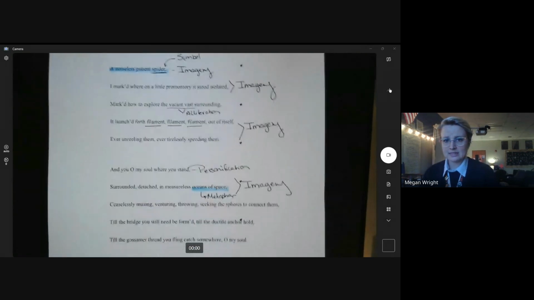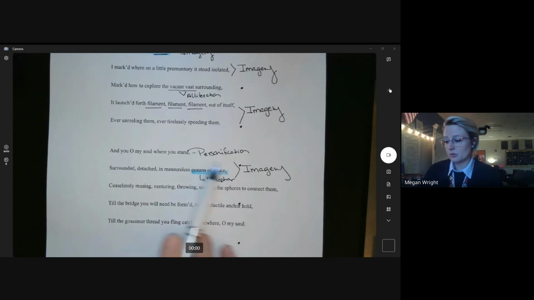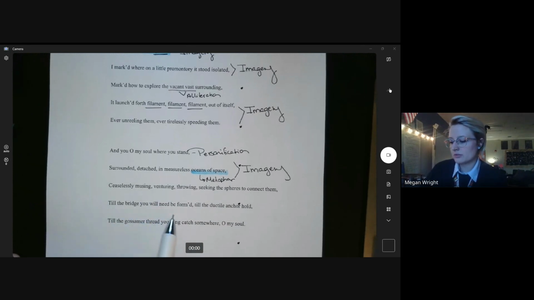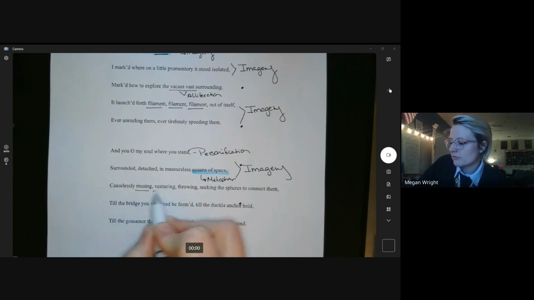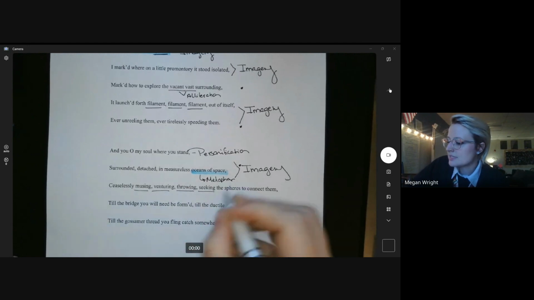So coming back into that second stanza, we have this example of personification. And then we have this metaphor that we've talked about, re-emphasizing the vastness of the space. And then as we're coming down into the third and fourth lines, we see this repetition of the -ing verb here. So musing, venturing, throwing, and seeking.